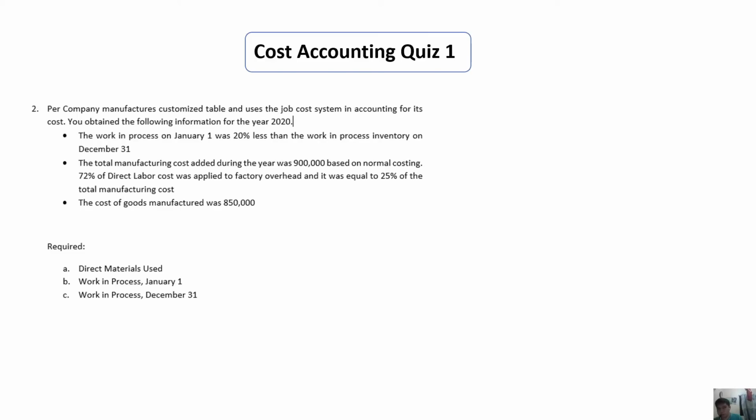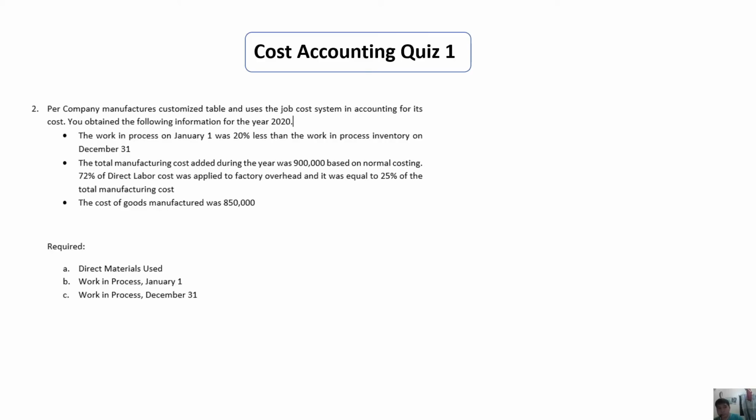So as I mentioned earlier, kapag magsasagot po tayo ng mga problem, lalo na computation, para hindi masayang yung oras nyo, dumiretso na agad kayo doon sa ating mga requirements. So ang mga requirements natin is to find the direct materials used, work in process beginning, and work in process ending. So isa-isahin mo lang yung ating mga given kung maapektuhan ba yung ating mga requirements para ma-consider natin mamaya sa computation. So isa-isahin po natin.